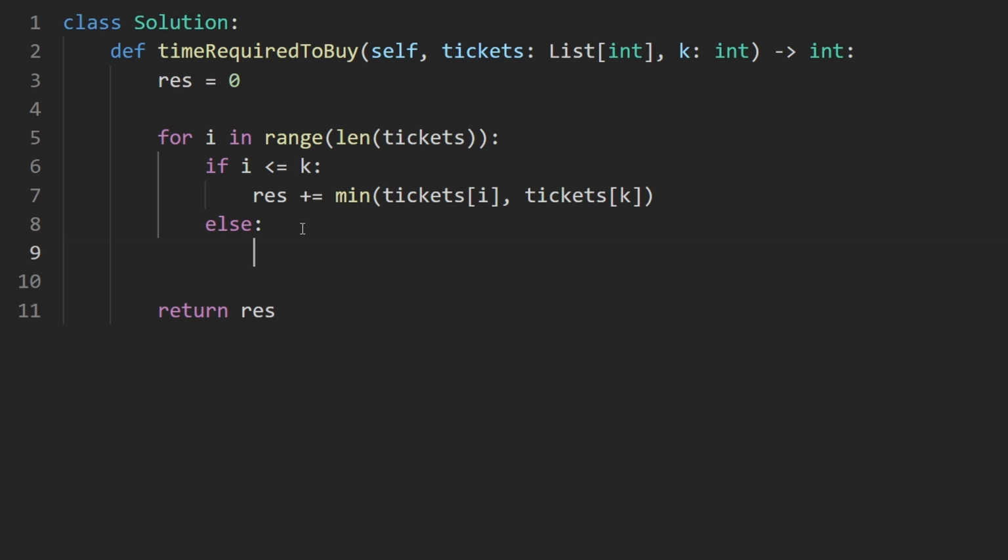Now, the else case is going to be pretty similar. The only thing was that the person at index I does not need to buy this many tickets, doesn't need to buy the same number of tickets as the person at index k. So they only need to buy at most this many minus 1 tickets. So either this value is less than this value, which is fine, or it's equal to this value or greater than this value, in which case we want to replace this one with this minus 1, just like we did in the drawing explanation.